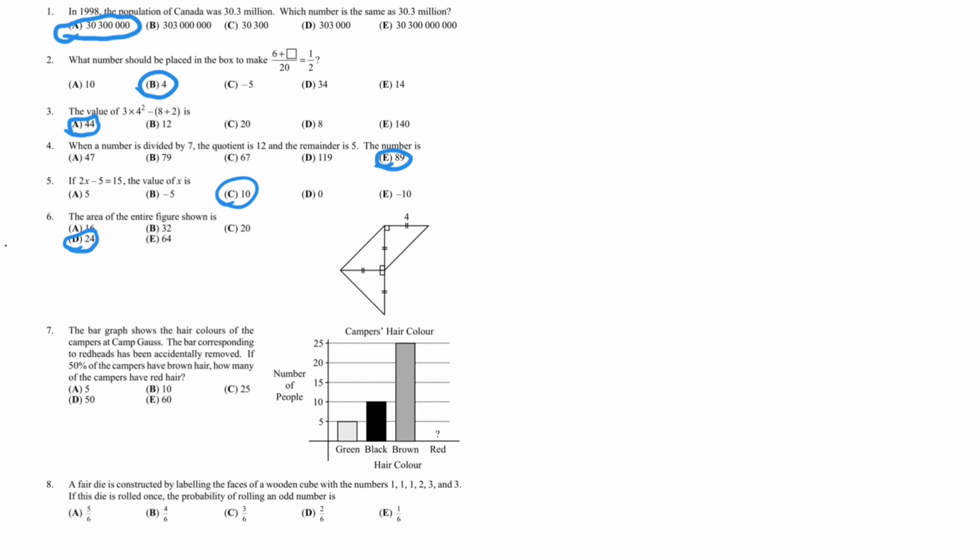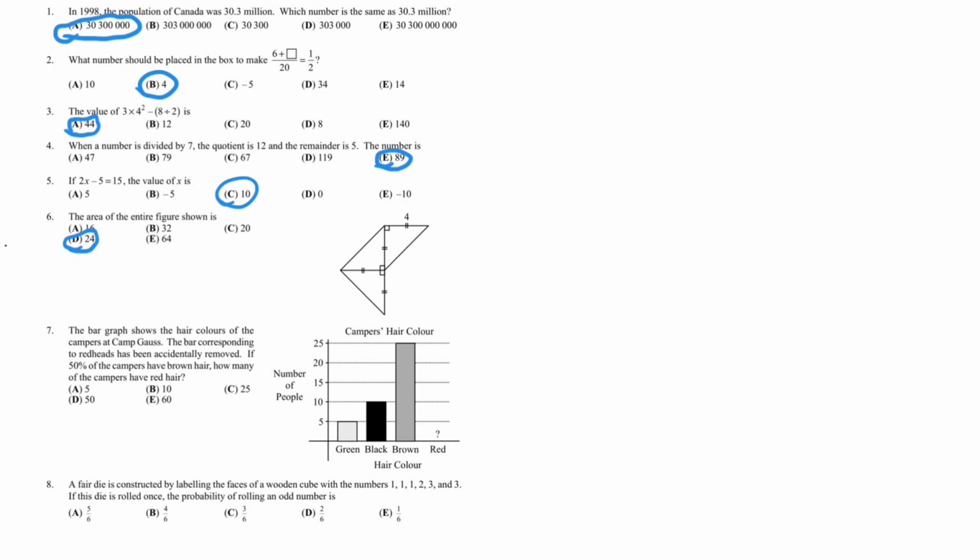Number 7, the bar graph shows the hair color of the campers at Camp Gauss. The bar corresponding to red heads has been accidentally removed. If 50% of the campers have brown hair, how many of the campers have red hair?